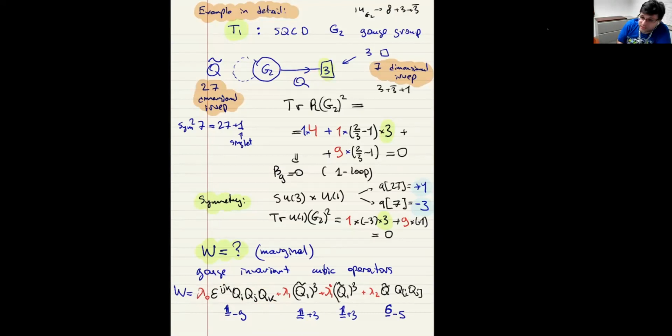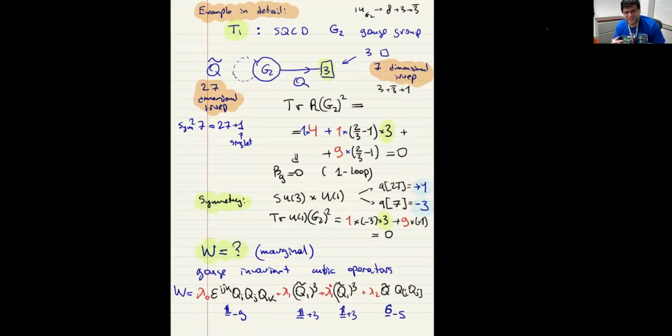Under this SU3 times U1 global symmetry, this is a singlet of SU3, and it has charge -9 under this U1.